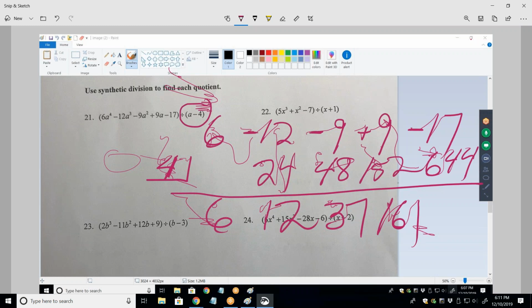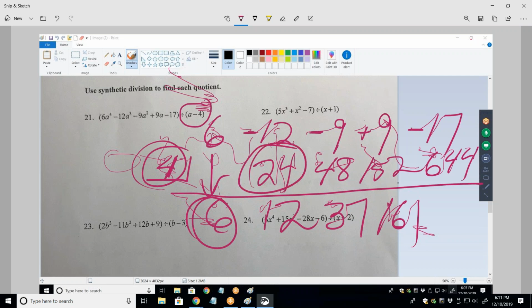I'm so confused. Okay, here's what we're doing. We drop the 6 down, right? Yeah. Then we multiply 4 times 6 to get 24. Okay. Then we add 24 to minus 12 to get plus 12.